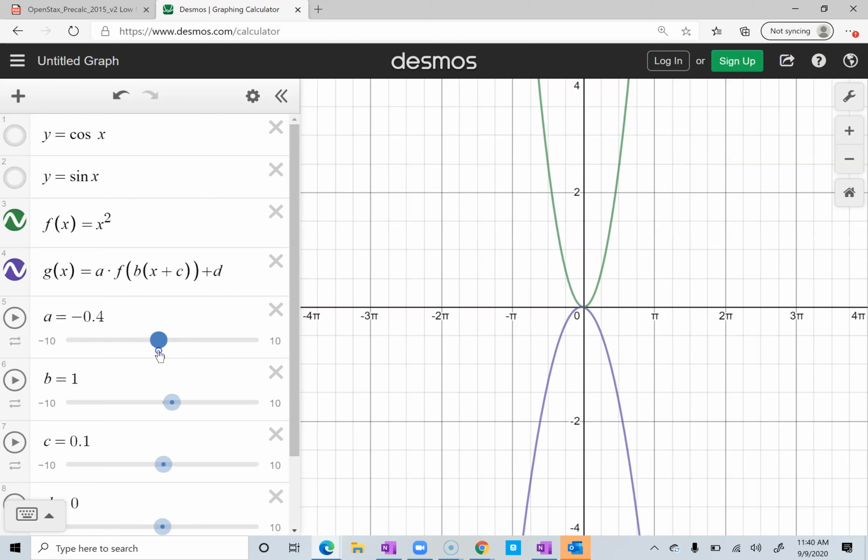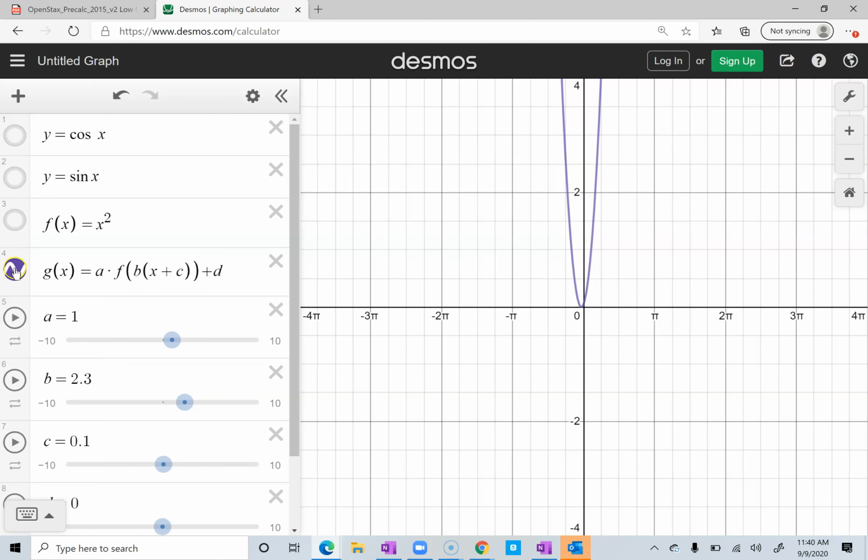Are y'all with me? B does what appears to be the same thing. We just describe it differently. As I make B larger, we call this a horizontal compression because it's an X change. Are y'all with me? All right. Sine and cosine behave exactly the same way. Let's take a look.